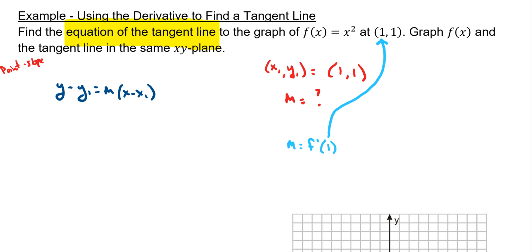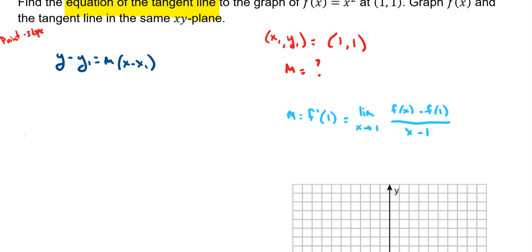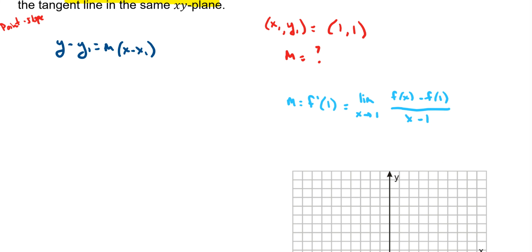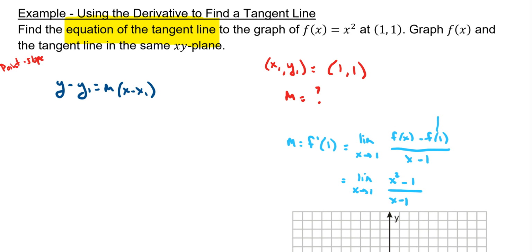So using the formula from before, f prime of a equals limit as x approaches a of f of x minus f of a over x minus a. I just went a little bit quicker and plugged in the a value of 1 right away. And now we can go ahead and plug in f of x. F of x here is x squared. F of 1 is just the y coordinate. So the y coordinate is just 1, or you can plug it in the function. 1 squared is also just 1.